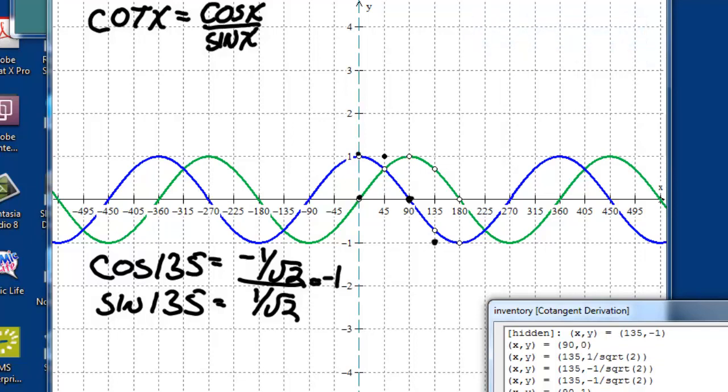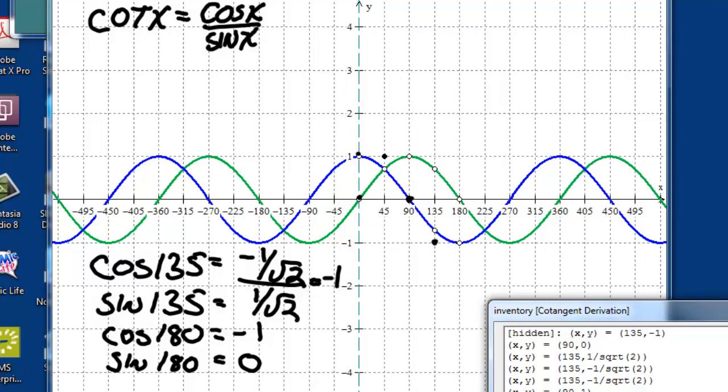At 180 degrees, the cosine is negative 1, and the sine of 180 degrees is 0. We have no vertical side to our reference triangle at 180 degrees.